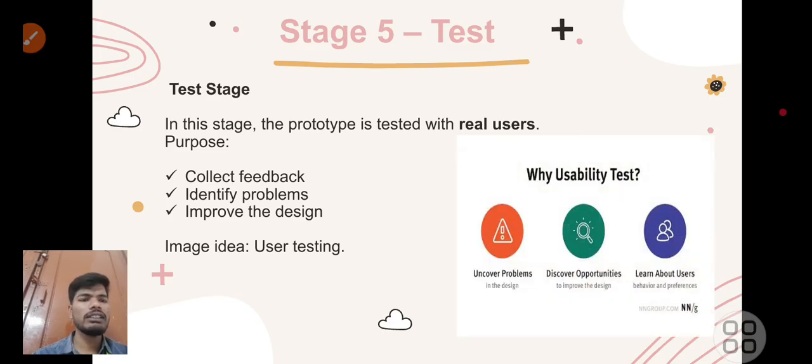You can see in the picture that there are three main things: uncover problems, discover opportunities, learn about users. Discover opportunities means we can discover new opportunities related to the problem. Learn about users means you should know that particular thing about the problem.